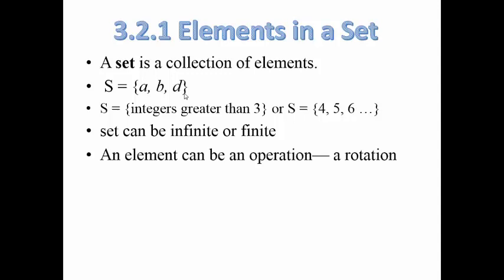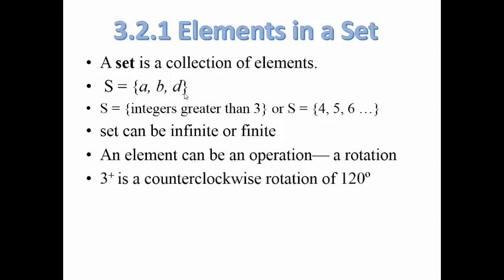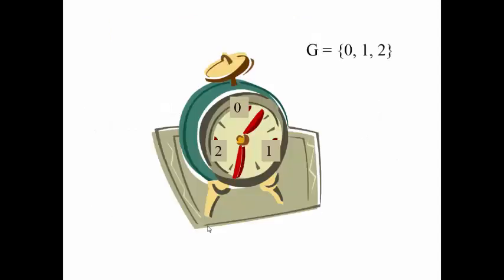An element can also be an operation, such as a rotation. 3 plus is a counterclockwise rotation. It goes around like this, counterclockwise, a rotation of 120 degrees, so that's about to there. We would indicate this set, which consisted of this one rotation, as 3 plus within the curly brackets.